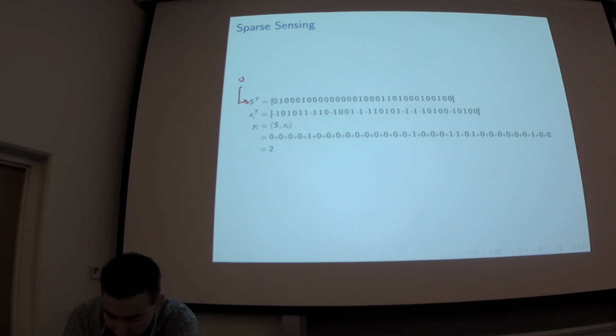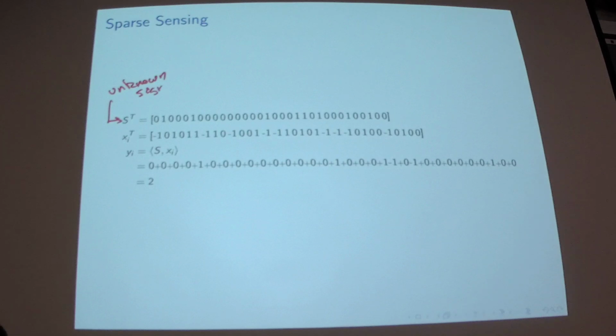So this is going to be an unknown signal. In this example, we're going to enforce that the signal is, I think, 16 or 32 bits, and they're either 0 or 1. Think about it as these are the pixels in the image, and the image is either black or white: it's white if there's a 1, and black if there's a 0.